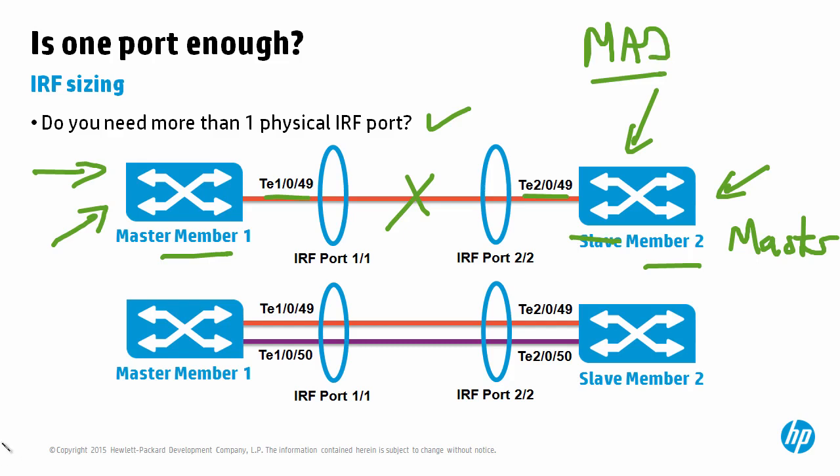But to try and mitigate this issue, you may want to use at least 2 cables. So if one of the cables goes down, the IRF system in the second example can still continue as a single system because the 2 IRF members are able to communicate with one another using the additional cable.